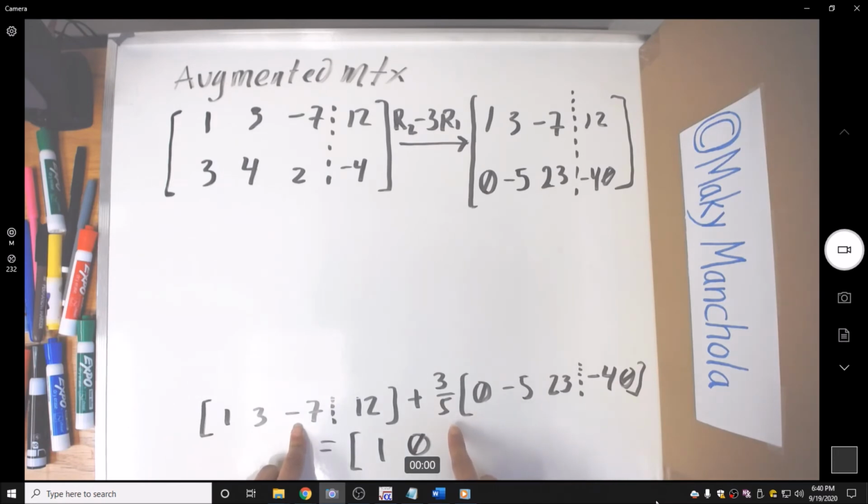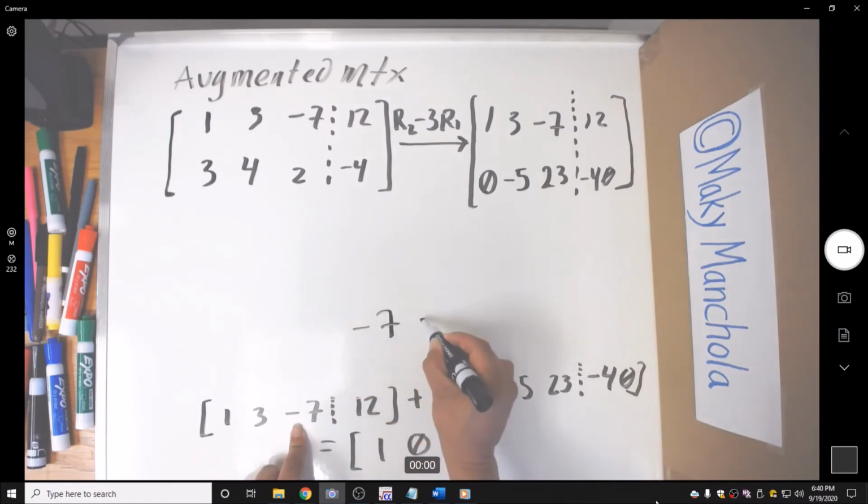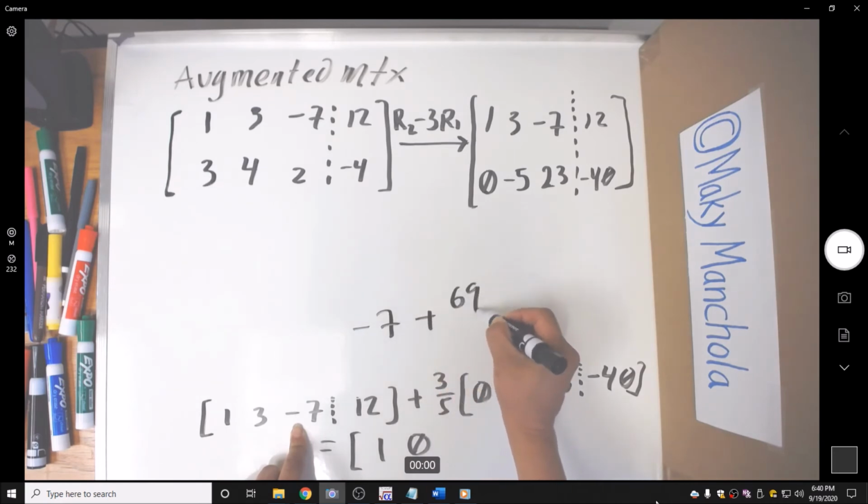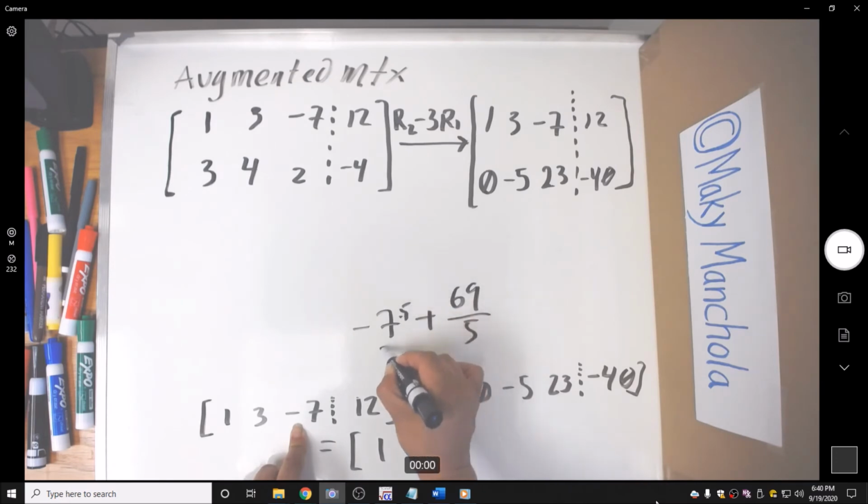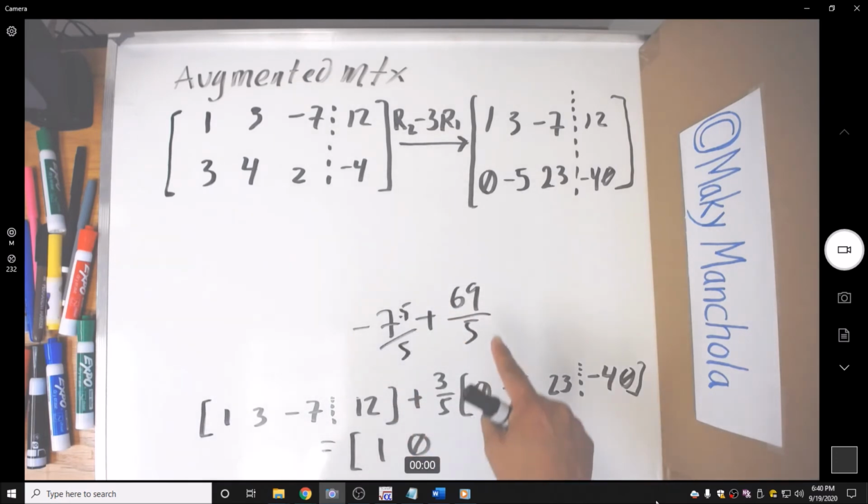Negative 7 plus 3/5 times 23 is negative 7 plus 69/5. Now, here, if we multiply top and bottom by 5, we end up with 69 minus 35 all over 5, which is 34/5.